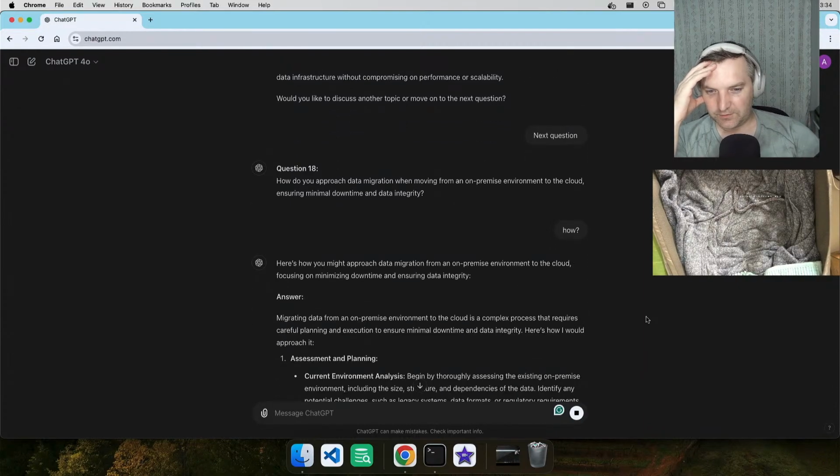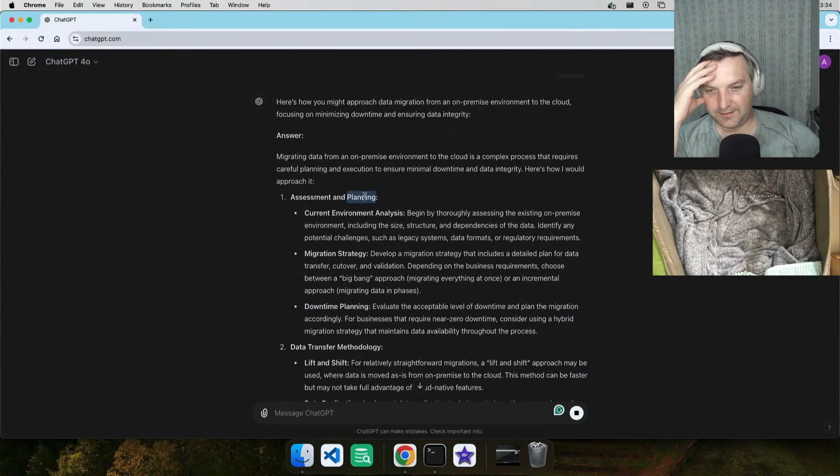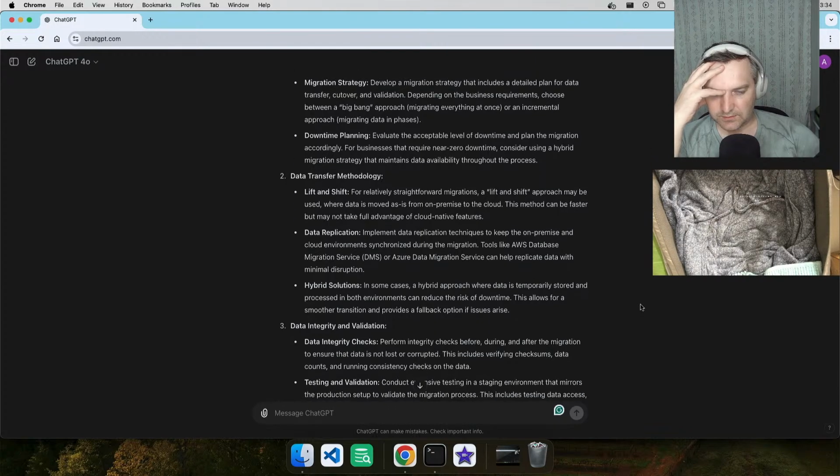Here's how you might approach data migration: planning. Lift and shift: for a relatively straightforward migration, a lift and shift approach may be used, where data is moved as is from on-premises to the cloud. This method can be fast but may not take full advantage of cloud native features. Data replication: use data replication techniques to keep the on-premises database in sync, a hybrid solution.